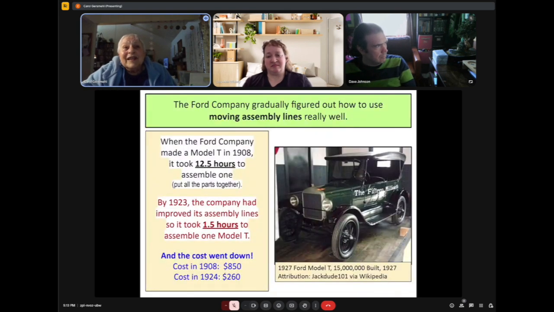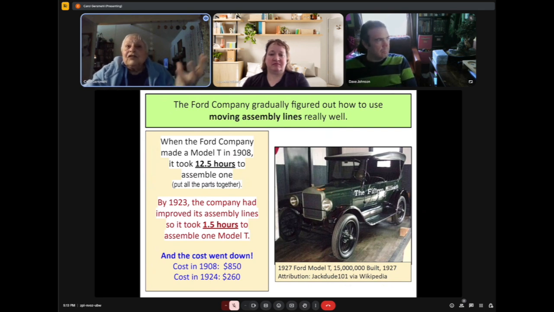But when they gradually figured out how to use an assembly line to put all the parts for this Model T together, at first it took 12 and a half hours to make one Model T. After they figured out the assembly line, by 1923, it took 1.5 hours to make a Model T automobile.